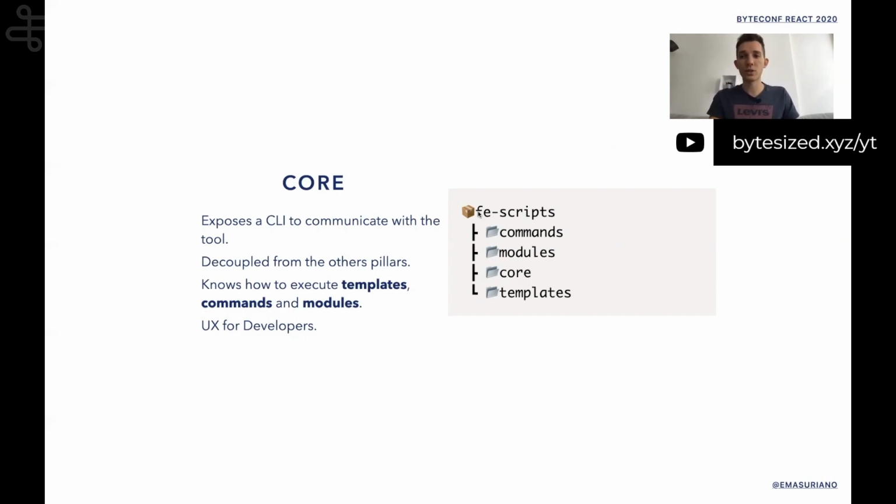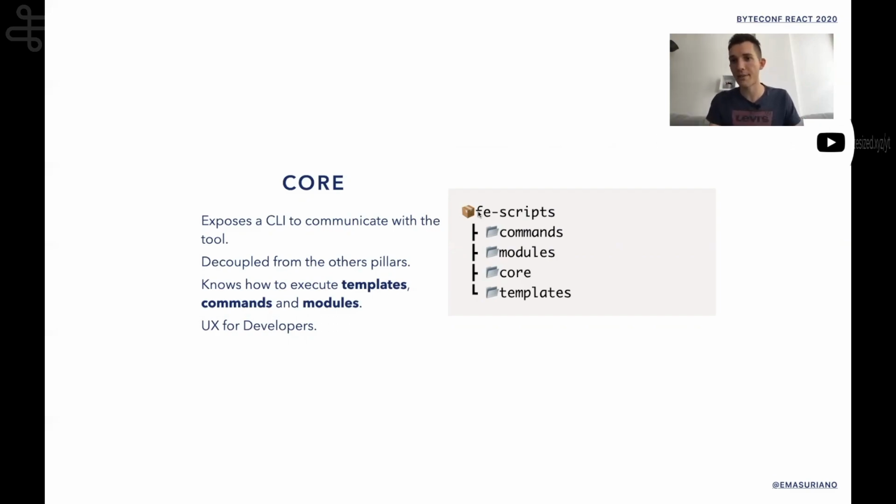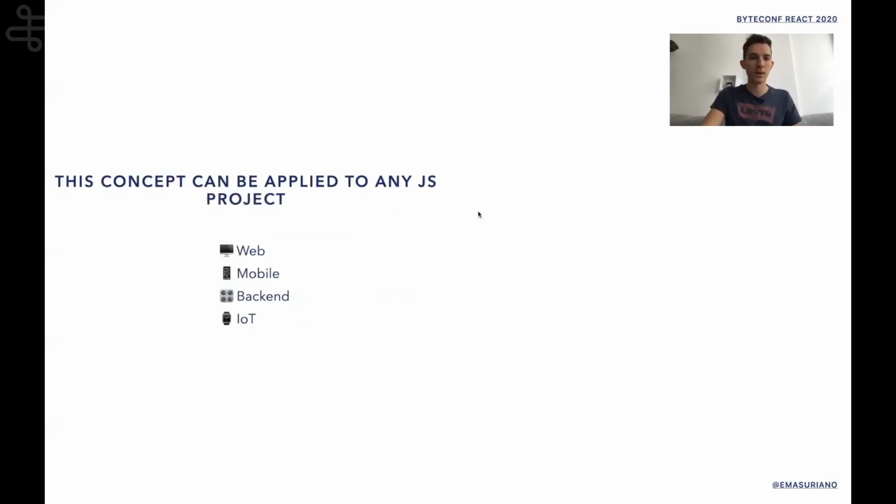So core is going to check if your module is dirty or has a state, and then it's up to you to execute the module in this dirty state or regenerate it and run it fresh again. Another thing is it checks if you're running the latest version of FS scripts, the same way that Yarn or NPM does. Those little features really improve the way that developers use the tool and communicate with it.